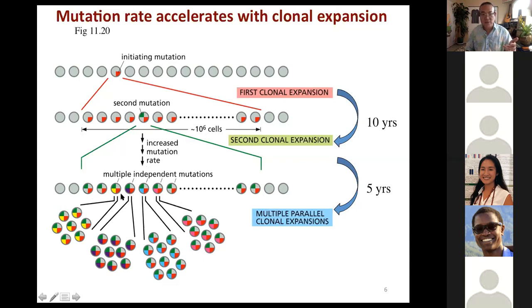And each one of these mutations, whether it's the yellow mutation, the black one, the blue one, orange, etc., gives each of these individual cells a different type of advantage. And so they will on their own expand to form subpopulations of cells. And they're all now on their own path of choosing what's the next mutation that they'll come across.